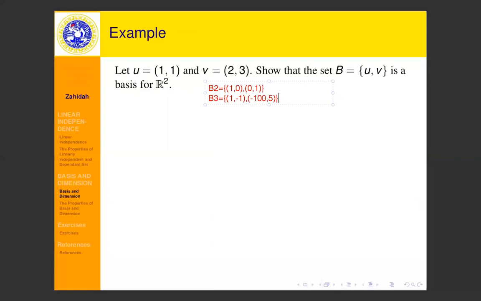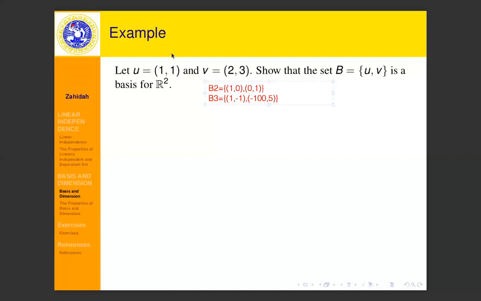So there are many bases, but the number of vectors in a basis is the same. If you take a look at this, the cardinality of B2 is also 2, and so it is for B3.